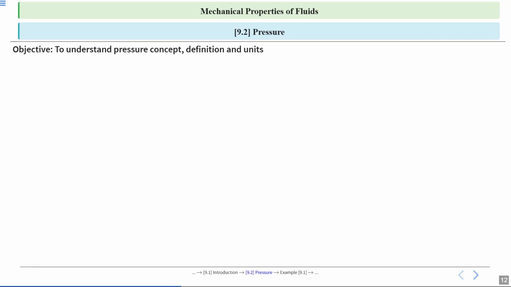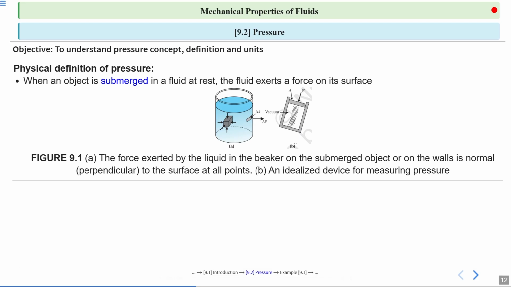Now, let's start by defining pressure. Pressure is the force exerted per unit area on the surface of an object. When an object is submerged in a fluid at rest, look at figure 9.1a. The force exerted by the liquid in the beaker on the submerged object or on the walls is normal to the surface at all points.